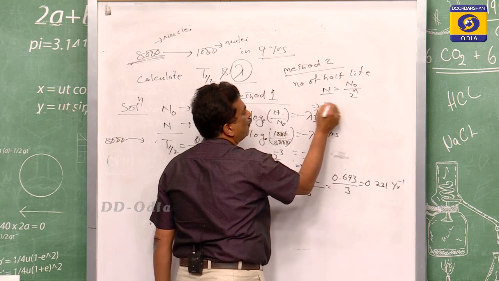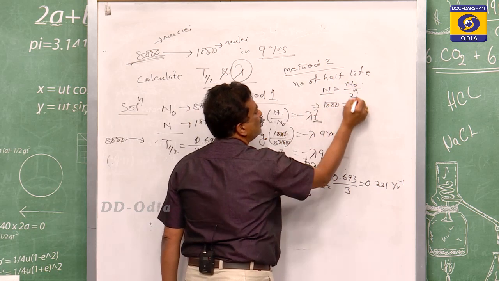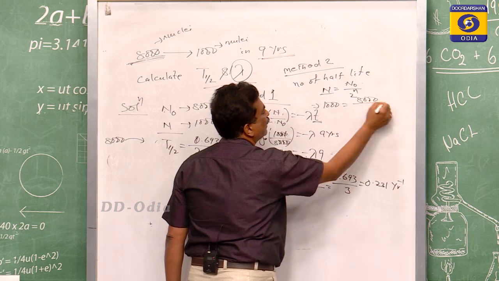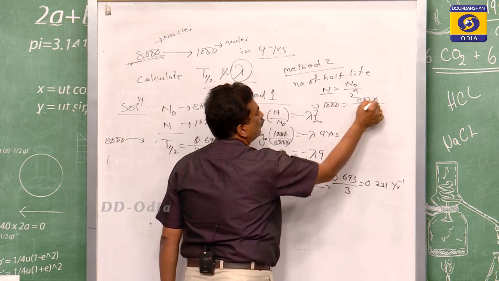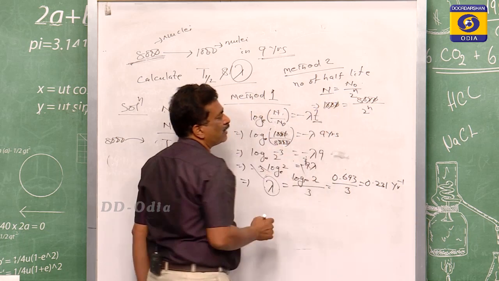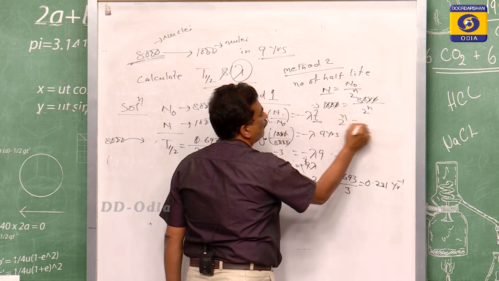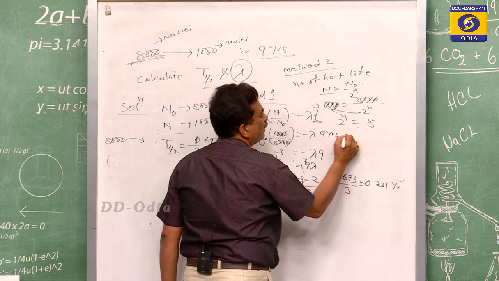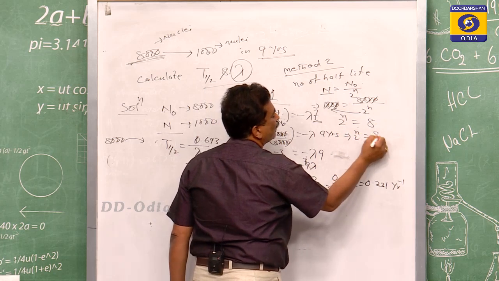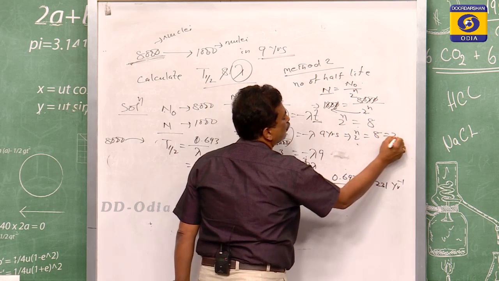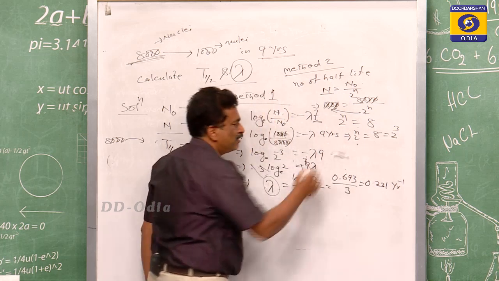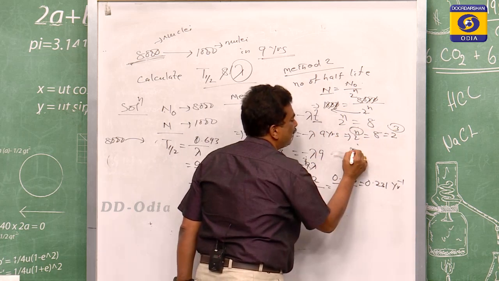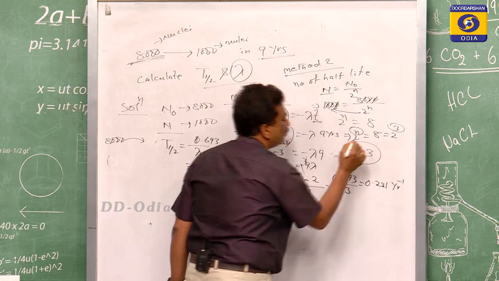N, the number present, is 1000, and N0, the original number, is 8000, divided by 2 to the power of n. These cancel, so 2 to the power of n is equal to 8. If 2 to the power of n is 8, then that is 2 to the power of 3. So n is equal to 3.